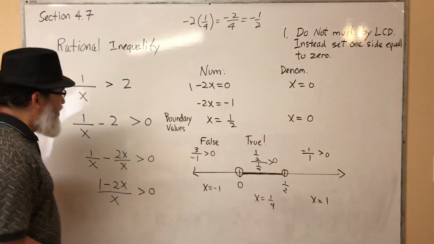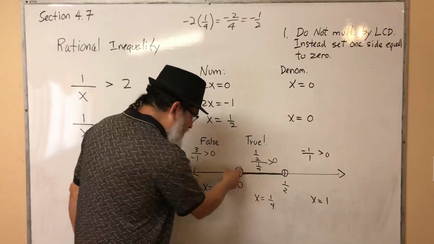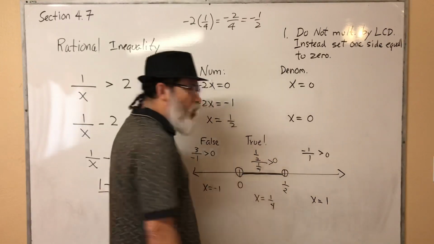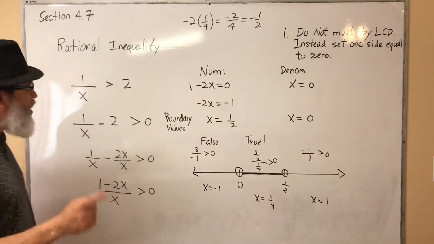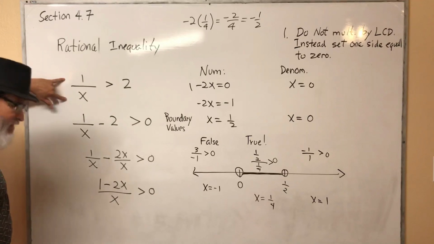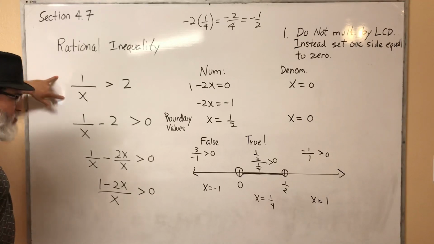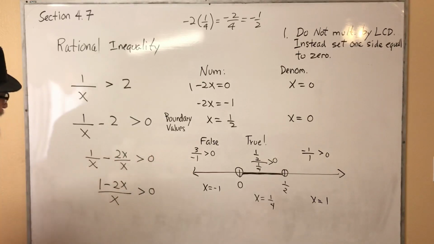And now, because there is no equal sign here, the boundary values stay open. They stay open. So what is the solution to this inequality? The shaded region.